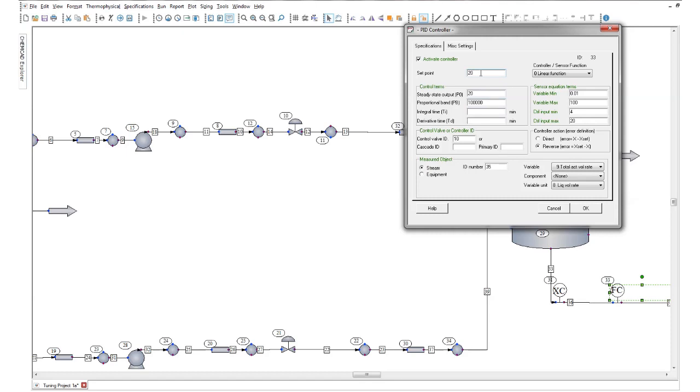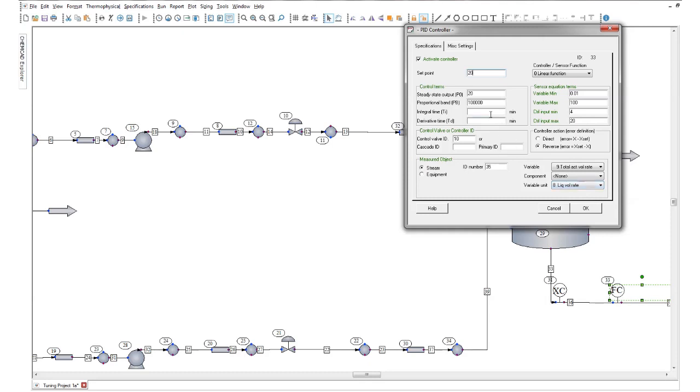And that 20 is looking at stream number 35, which is the outlet stream. And what I'm looking at is the actual volumetric flow rate, and the units are liquid volumetric flow rate. If you look at the unit selection in ChemCAD, it's going to be in gallons per minute.